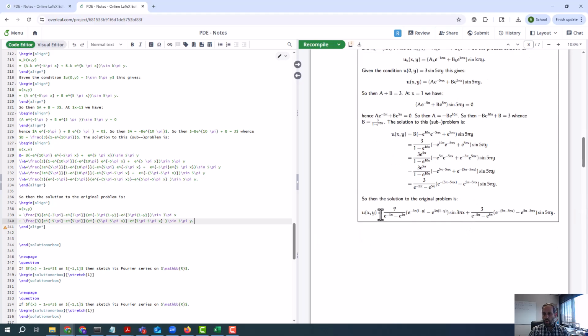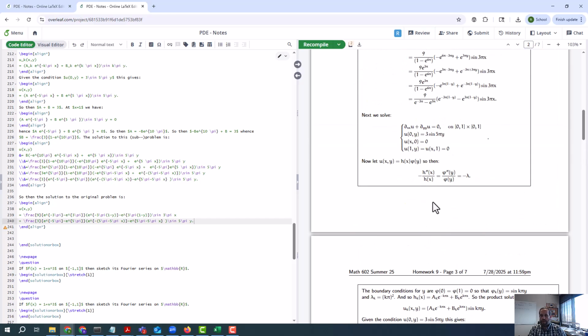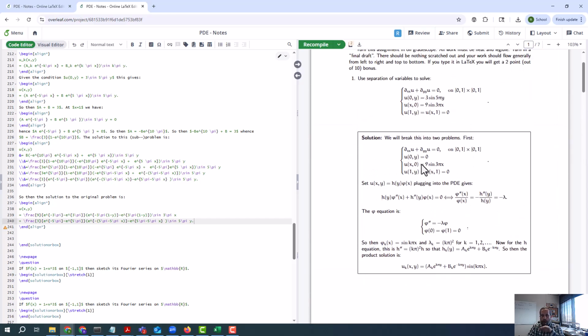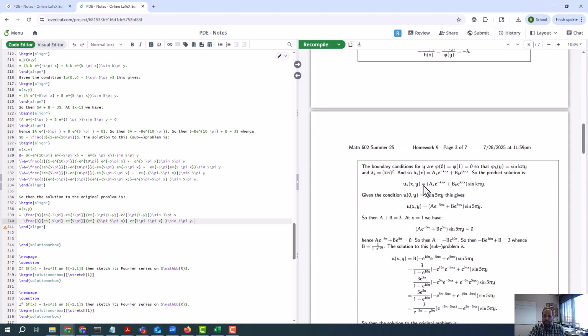Okay, so notice that both of these, by the method of separation of variables, both of these satisfy the PDE. This solution right here is 0, so this solution is 0 on the sides and the top, okay? And it's equal to whatever the boundary value was on the bottom. It's equal to 9 sine 3 pi x.